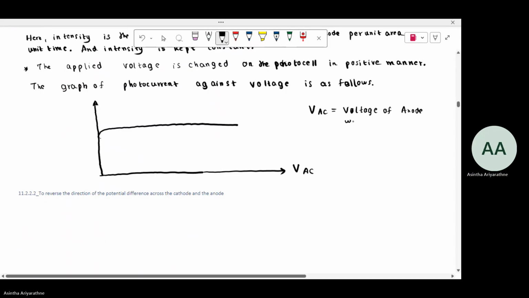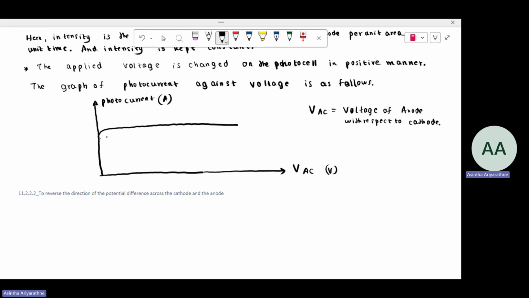So you can see the photocurrent is almost constant, and although the voltage of the anode is increased, the photocurrent doesn't vary.